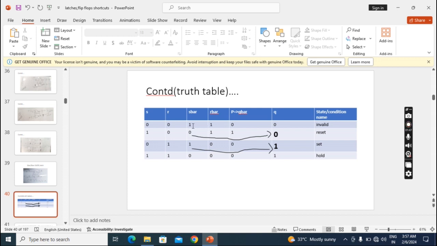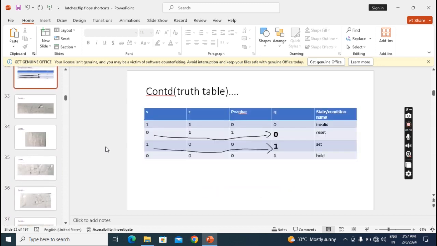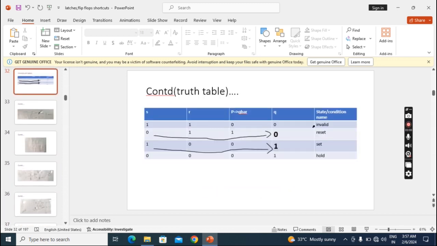So when we apply 1 1 to the NOR latch, what will happen? The circuit becomes invalid. So when we apply 1 1, go back and see what the state is. Invalid.